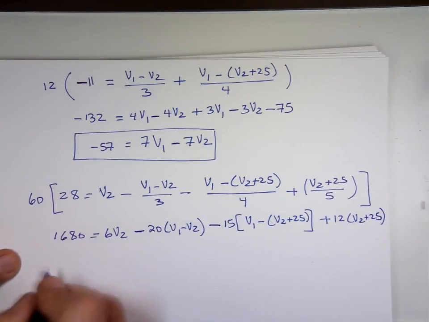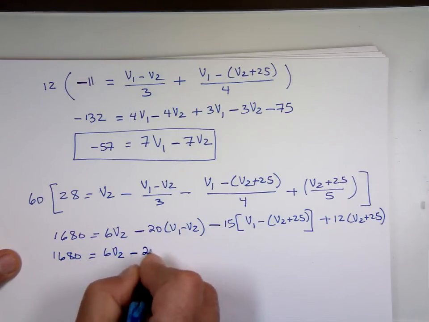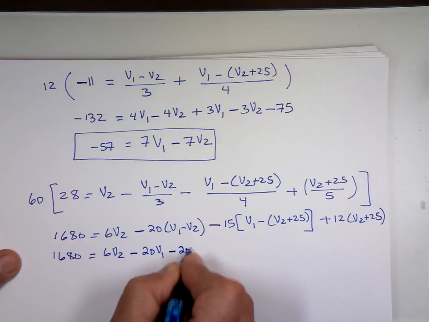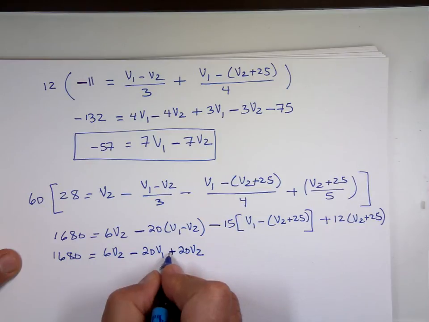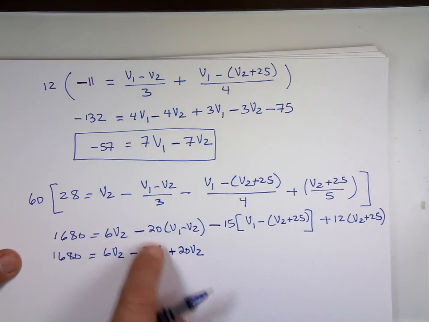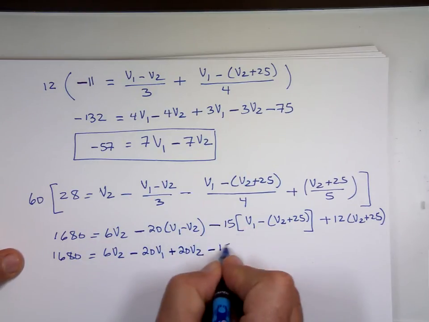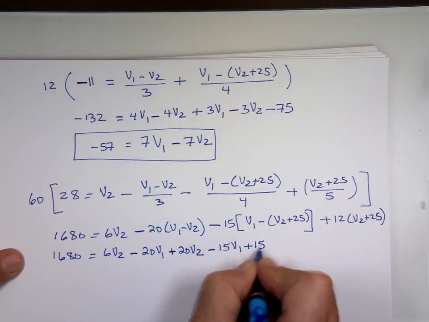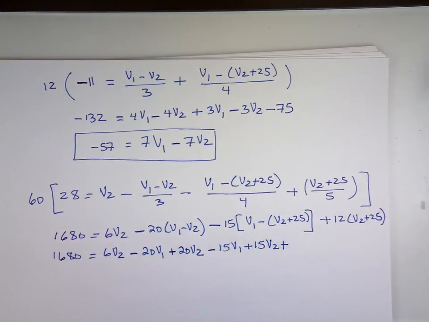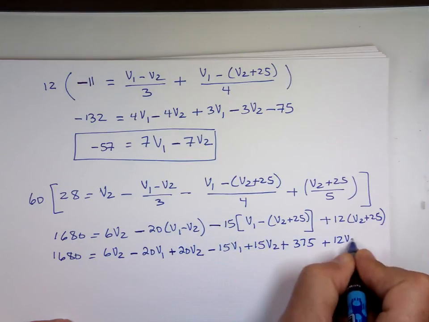So 1680 equals 60V2 minus 20V1 minus 20V2. Oh, I made a mistake. What's that? Plus, right? Minus times a minus, that's a plus. See it? Now we're going to be careful with this. Negative 15V1. This will be a minus times a minus, plus 15V2 plus 15 times 25. 375 plus 12V2 plus, what's that, 300?